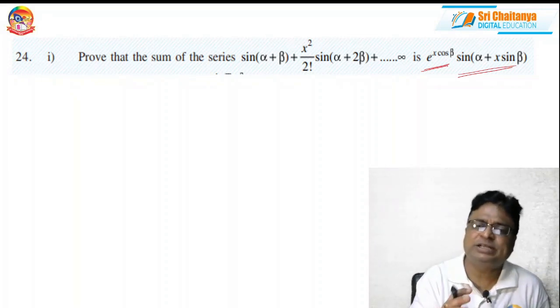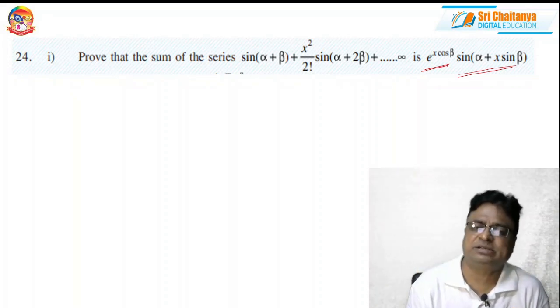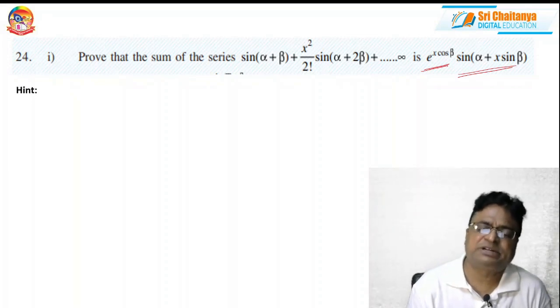If you are good at the expansions and the imaginary parts of Euler's form, then by mixing these two and applying algebraic manipulations, you can get the result. For that, I am doing my level best explanation for you.